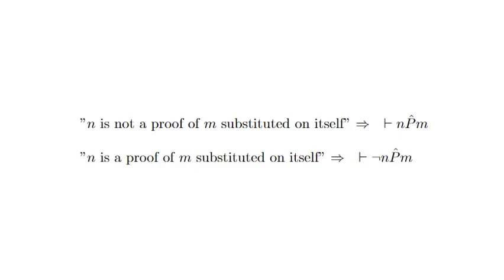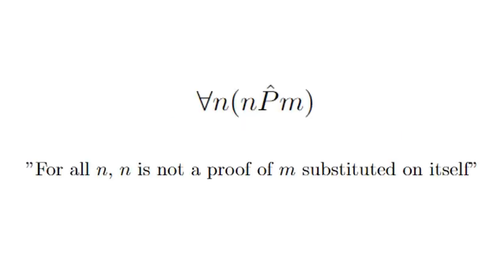Then we just quantified the variable n as before. So for all n, P hat m. For all n, n is not a proof of m substituted on itself, or there is no proof of m substituted on itself. Let's just turn all of that into a number.